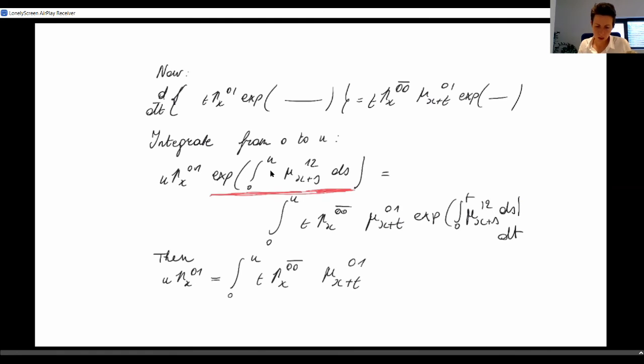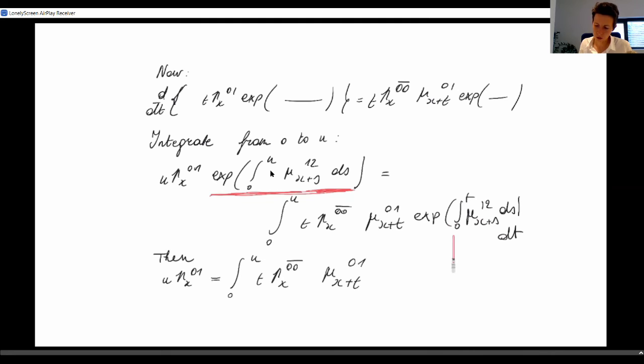And then here, of course, you are dealing with the exponential of the integral from 0 to t of this mu12. And you're going to divide it by the exponential of the integral from 0 to u.